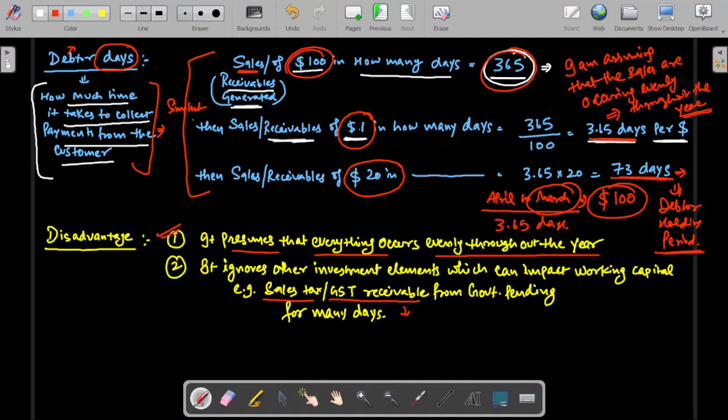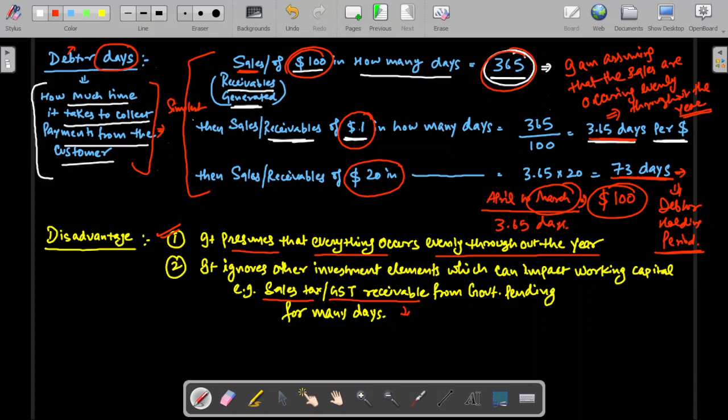If you sell goods worth rupees 100 and you have collected rupees 18 as sales tax on it, and for the purchases done you have paid 50 rupees as sales tax, then the net difference of 32 rupees is receivable from the government. And sometimes the government takes around 6 to 7 months to refund the money from the GST. So these GST receivables are also funds blocked here.